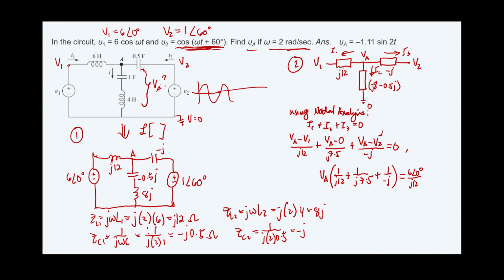And then this one here, negative V2 over negative J is positive V2 over J, transposed becomes negative. Or you can write, so as not to be confused, negative V2 can be plus V2 divided by negative J, but basically that's the same as minus V2 over J. Okay, that V2, we just replace this one with 1 angle 60.